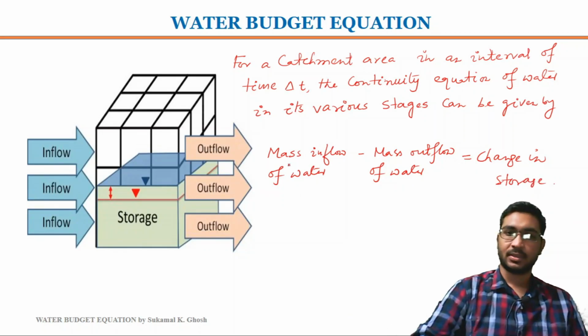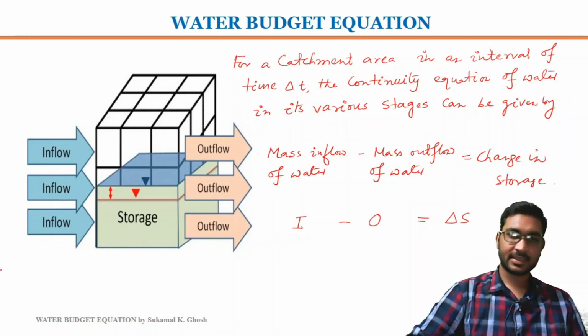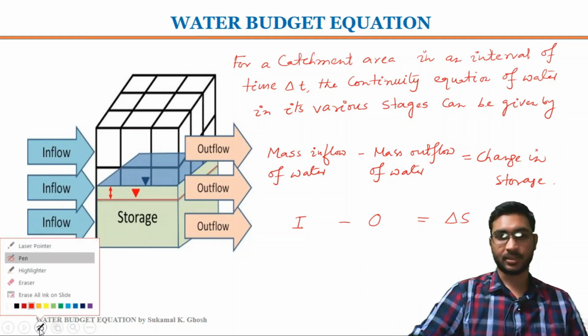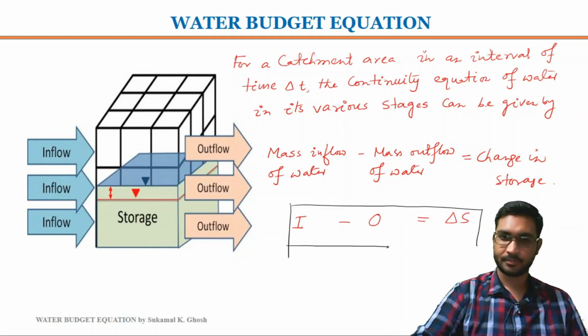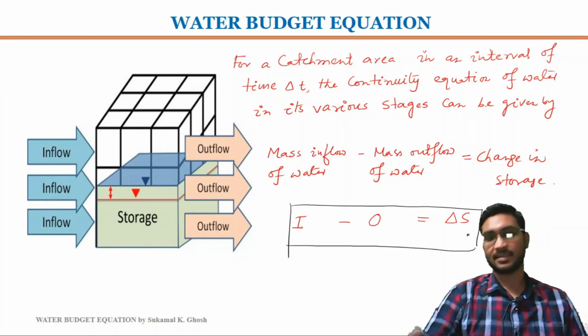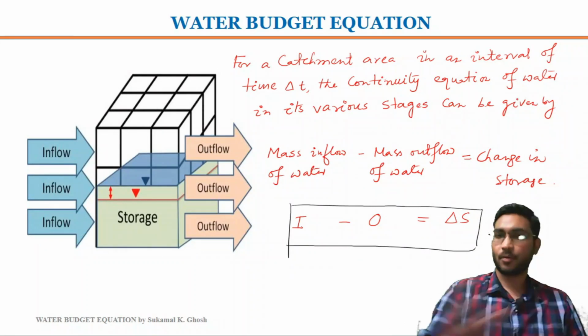This mass inflow of water can be denoted by I, the mass outflow of water can be denoted by O, and the change in storage can be denoted by del S. So this is the basic form of the water budget equation. It is the same as when we calculate the monthly budget of our home.